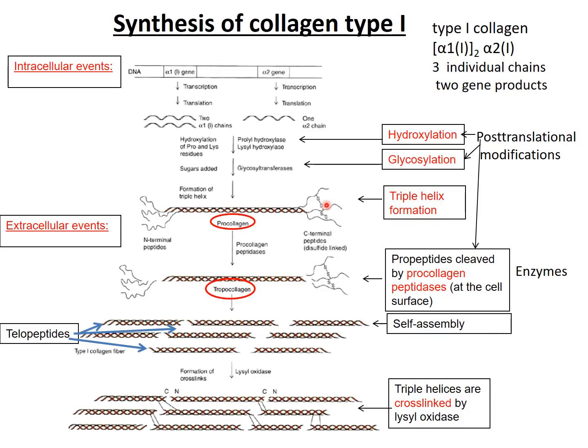You may recall that many of our proteins are synthesized and released in a pro form, and then they are activated later by enzymes that cleave off the pro from the active form. Correct? So the active form is not forming until the propeptides are cleaved off.